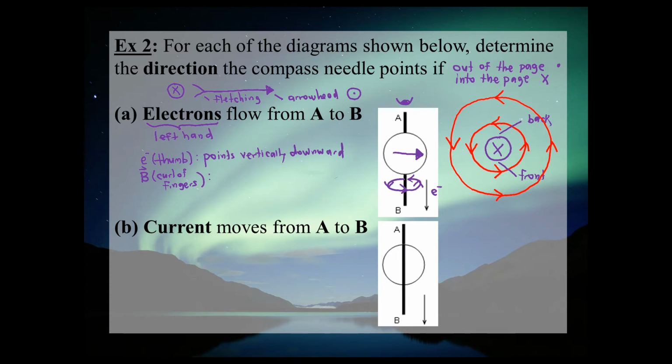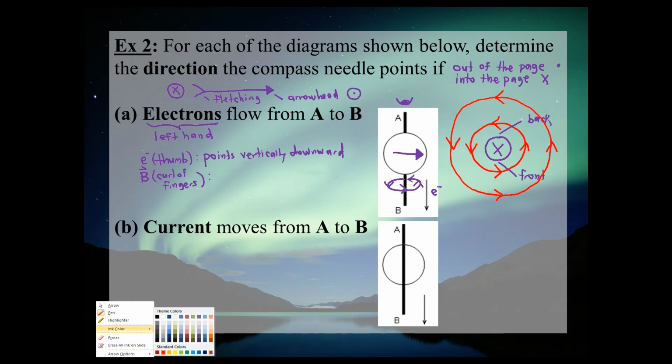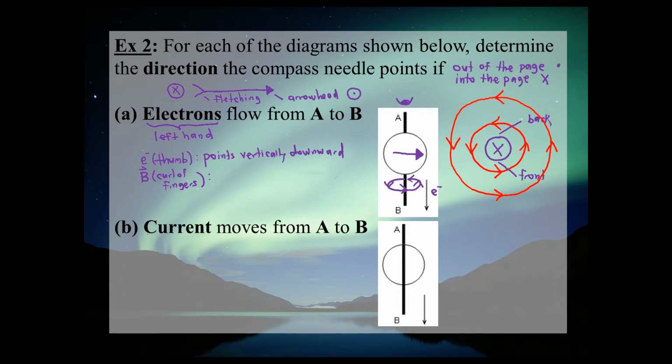All right, on to part B. First things first, which hand you need to use. This one talks about current, and current is going to be represented by your right hand. Going back up here, in part B the curl of your fingers from that top view perspective was counterclockwise, CCW. Now this time around we have current, which we represent with I, and your current is represented by your thumb.